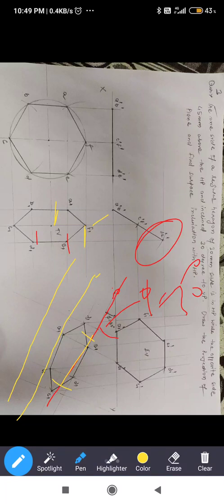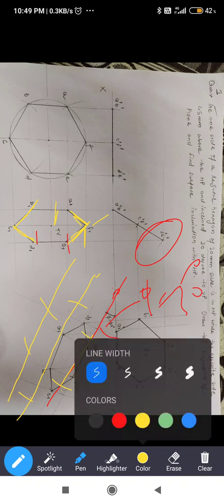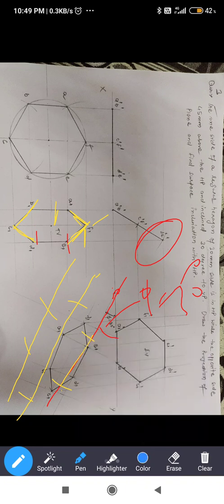Take this distance and mark an arc here, then take this distance, mark an arc here, then this distance and this distance, and mark all these arcs, and transfer. You have to transfer the figure from here to here.